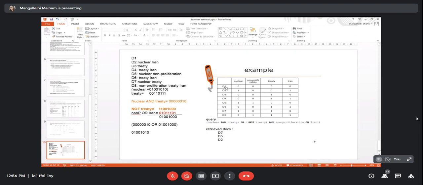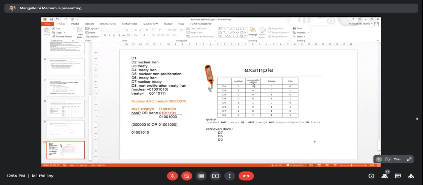If you take 00000 for nuclear, it will be wrong since your documents are put vertically. You have to take it this way. So for nuclear, your Boolean representation is 0, 1, 0, 0, 1, 0, 1, and 0.